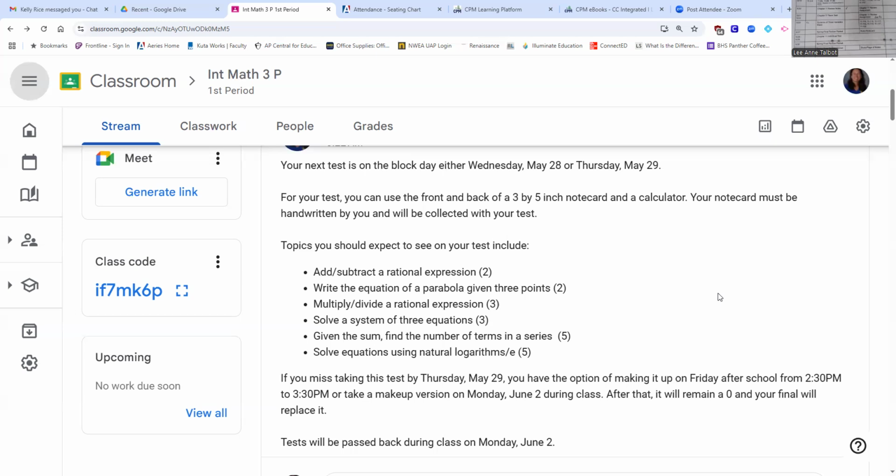Or take a makeup version, I'm gonna say that with a little more doom, a makeup version on Monday during class. After that, it will remain a 0 and your final will replace it. So you know how your final replaces your lowest test grade, that would be your lowest test grade. You would not get 2, it would just be that one. Because I want to pass the test back on Monday because finals start Tuesday.